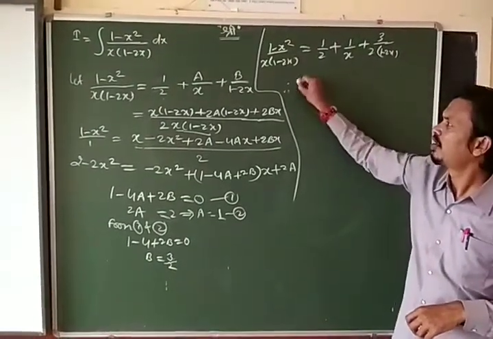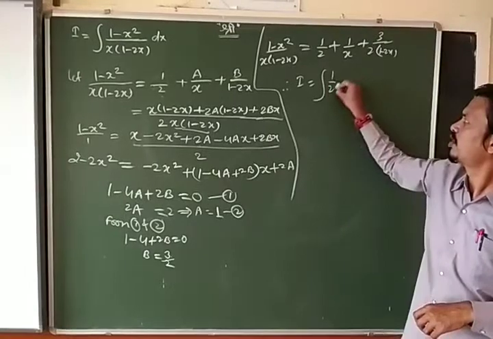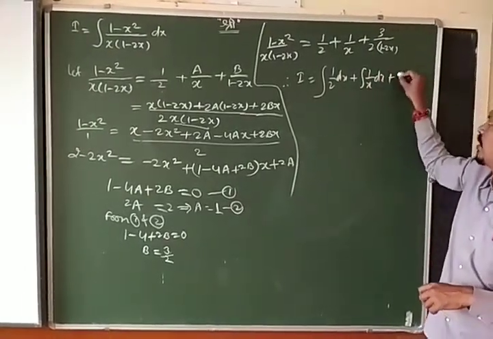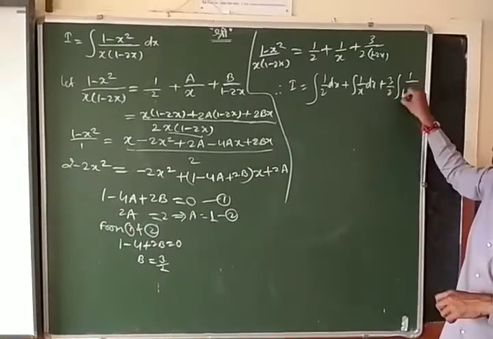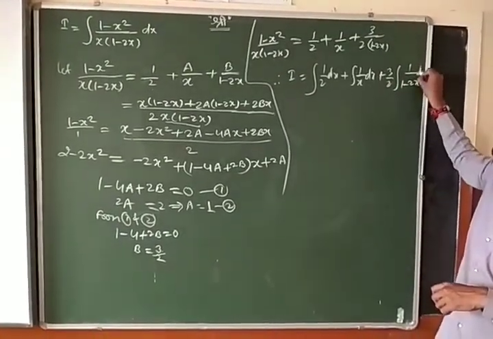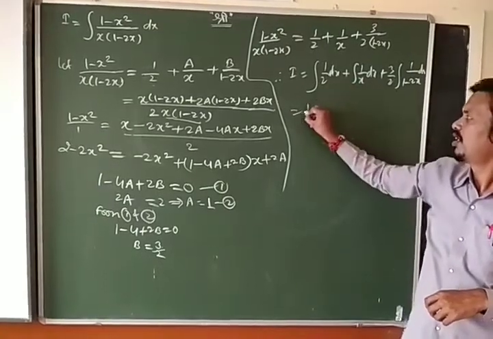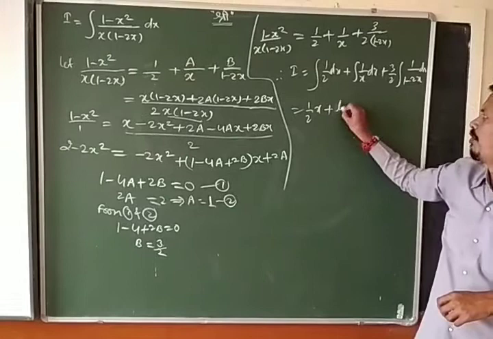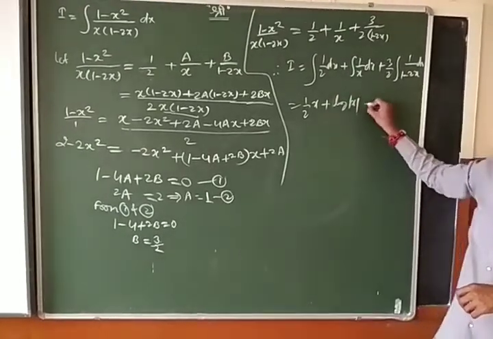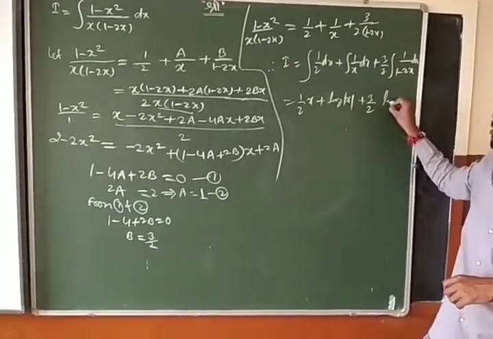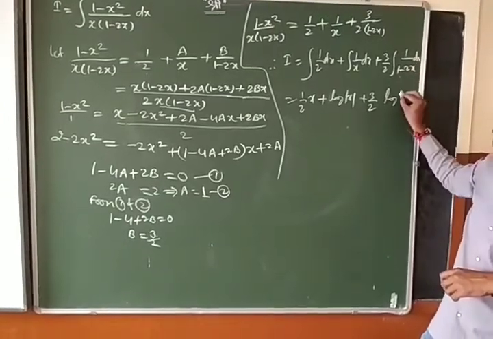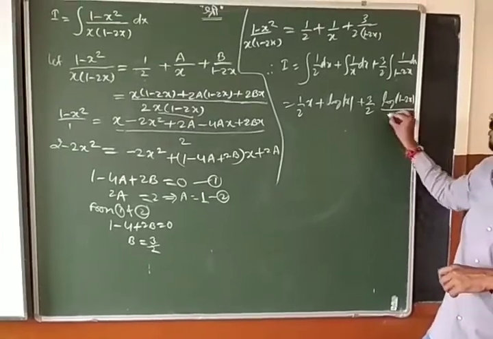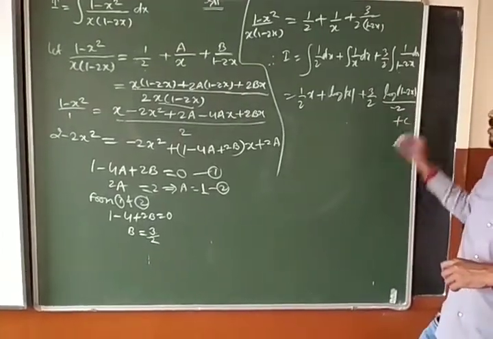Now the integration I will be integration of half plus integration of 1 upon x plus integration of 1 upon 1 minus 2x. So its integration will be half x, the integration of 1 upon x is log of x, plus 3 by 2 as it is, and the integration of 1 upon 1 minus 2x will be log of 1 minus 2x, and the x coefficient is minus 2, so that will come in the denominator, plus a constant.